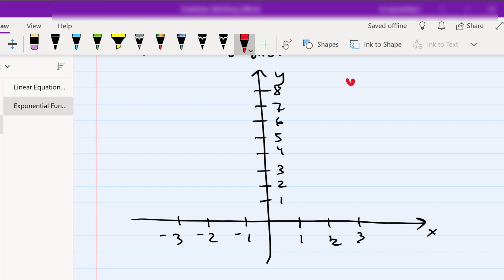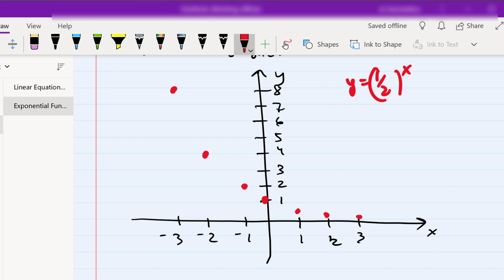Again, remember, we are drawing y equals 1/2 to the power of x. So when x is minus 3, y is 8. Somewhere here. When x is minus 2, y is 4. Here. When x is minus 1, y is 2. When x is 0, y is 1. When x is 1, y is 0.5. When x is 2, y is 1/4. And when x is 3, y is 0.125.